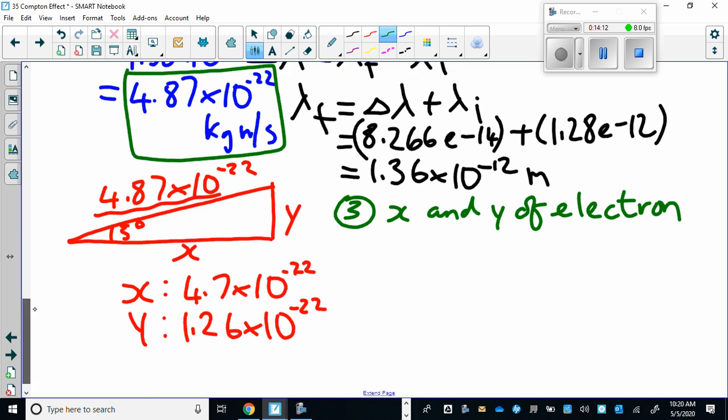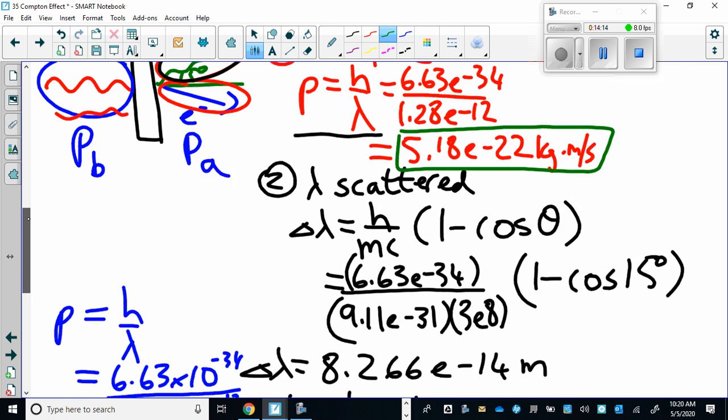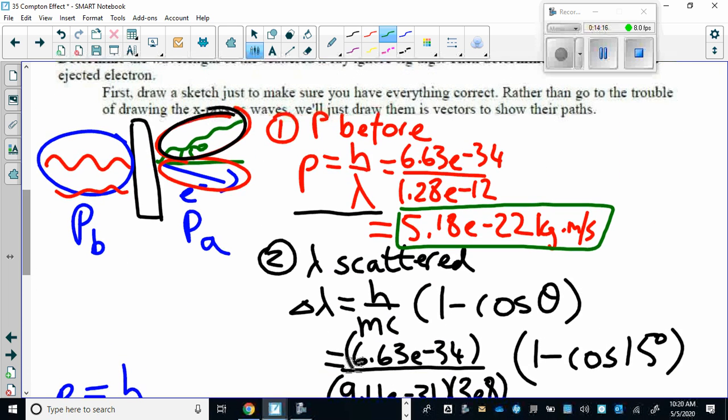All right, let's just go back to our initial diagram so we can see. So there we go. We've calculated the initial momentum. We now have the X and the Y components of this. And now we can calculate the X and the Y components of the electron based on the conservation of momentum. We know that the initial momentum was all horizontal.